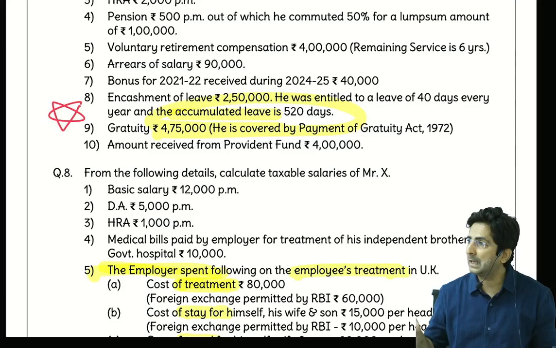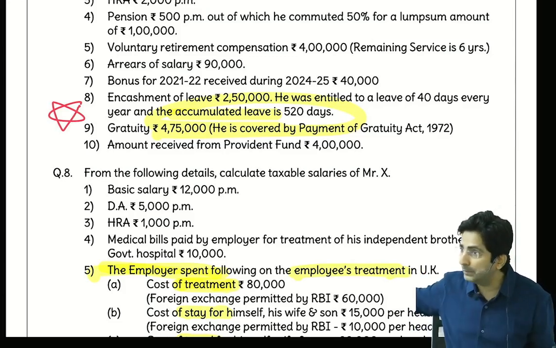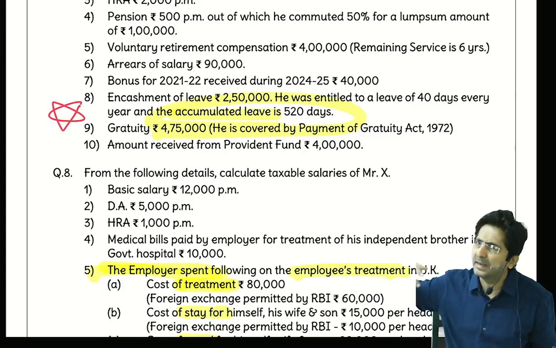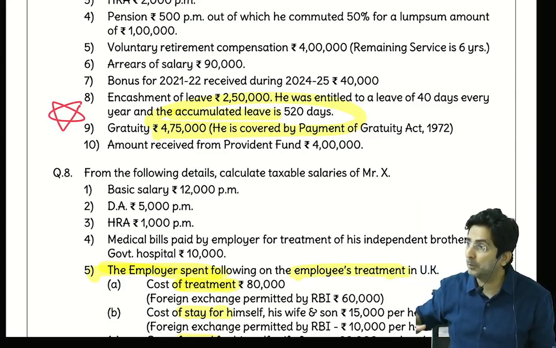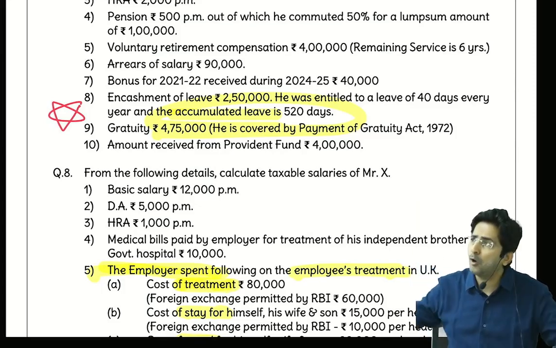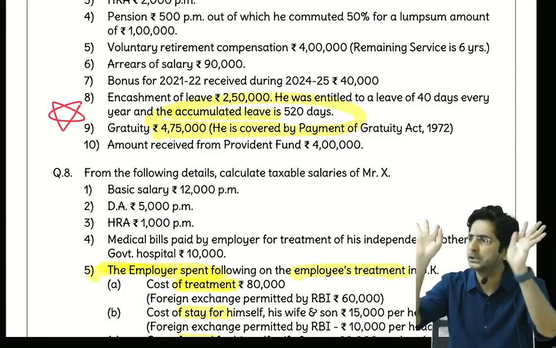So that on exam day you don't have to do multiple sums. Just do 2 questions, everything is over. Special points like this of leave salary, everything I have covered in that master problem. The master problem is comprehensive.